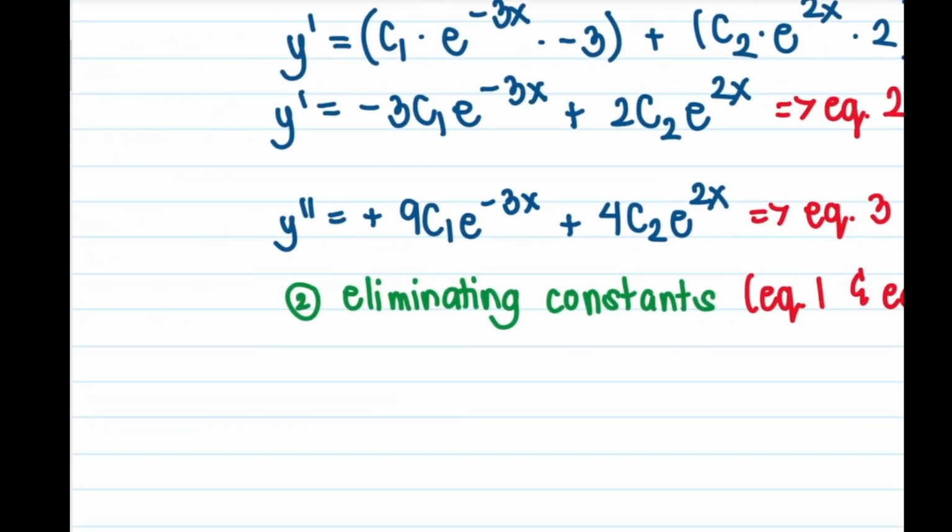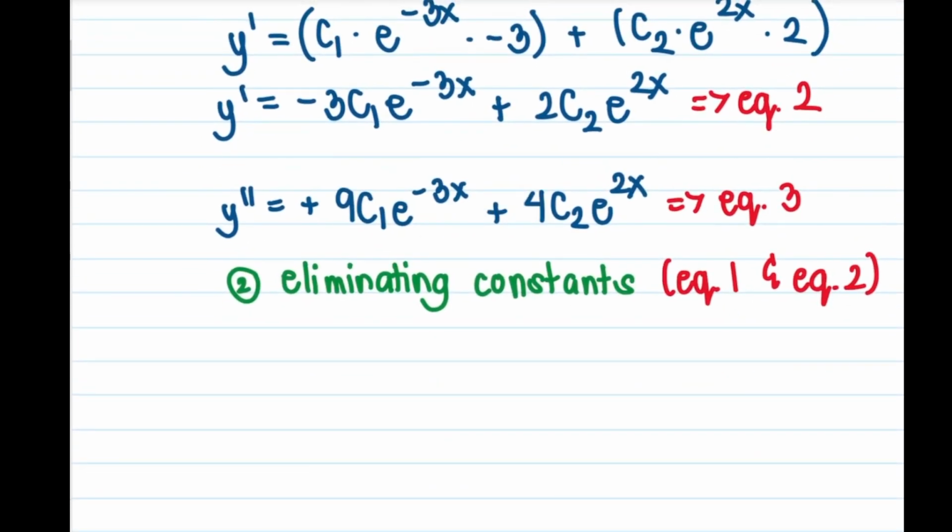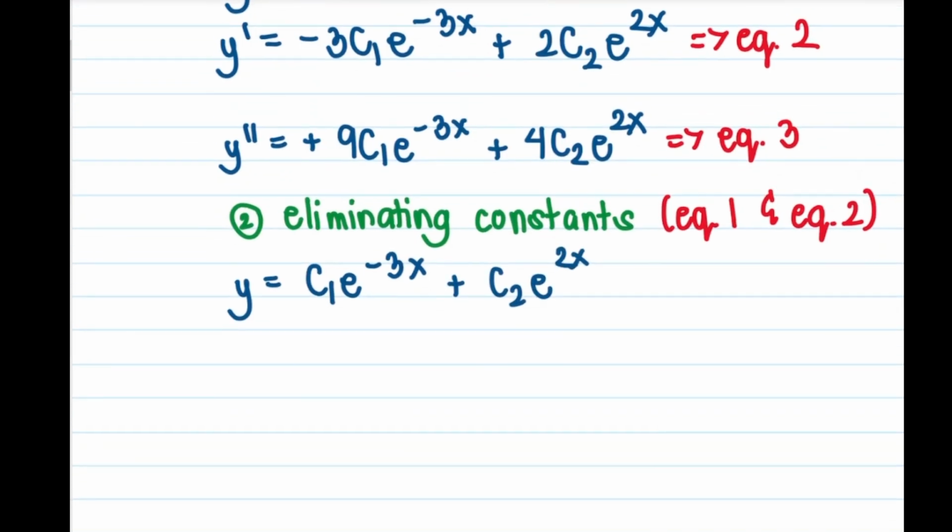So equation 1 is the given, which is y is equivalent to c1 e raised to negative 3x plus c2 e to the 2x. Then equation 2 will be the y prime or the first derivative, which is equivalent to negative 3c1 e raised to negative 3x plus 2C2 e raised to 2x.